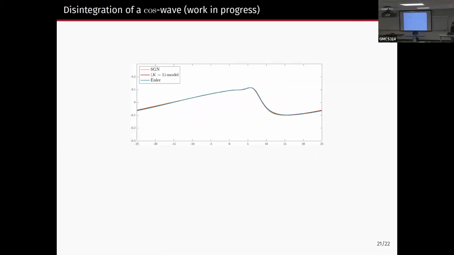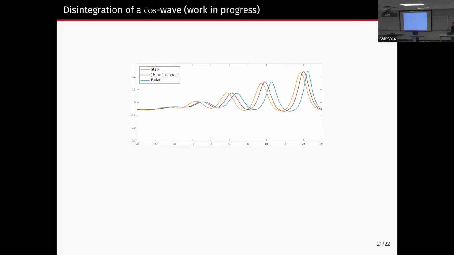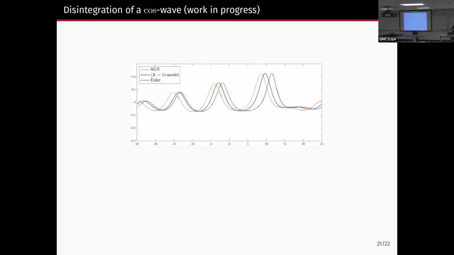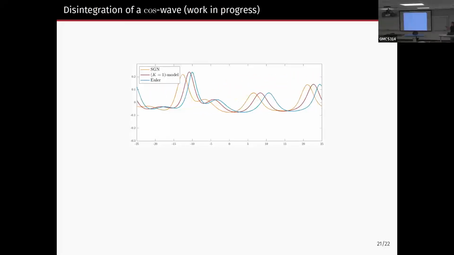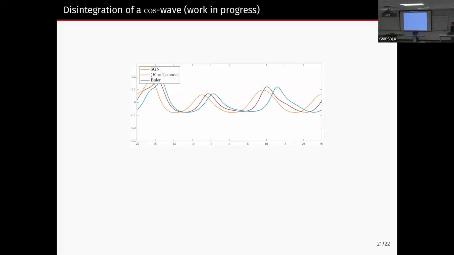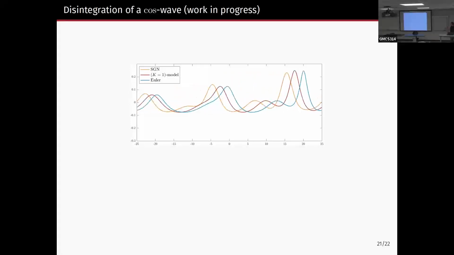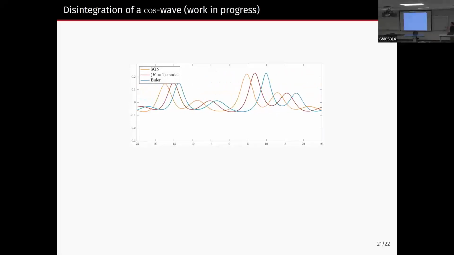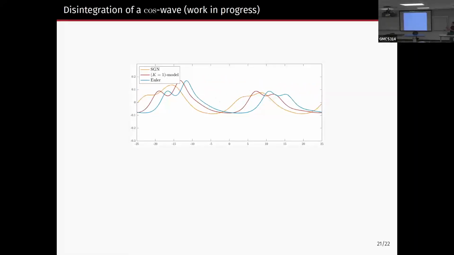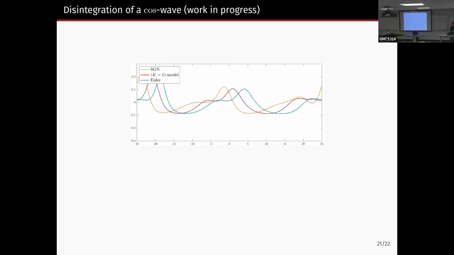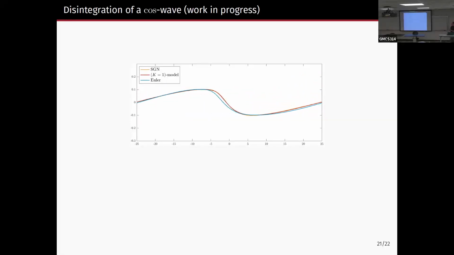Another thing that we're working on is the disintegration of a cosine wave. You may have heard of it as the Zabusky-Kruskal experiment, initially solved numerically using the KdV. And we want to test this kind of model in scenarios when you have more complicated, more dispersive dynamics, to see how close you are to the original solution.